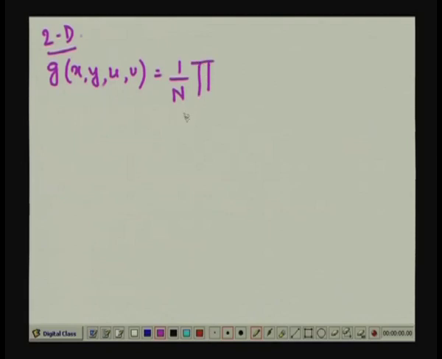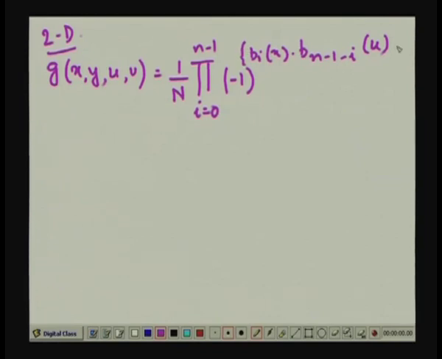Now, in case of two dimensional signal, we will have the transformation kernel as g x y u v, which is equal to 1 upon capital N product I equal to 0 to lowercase n minus 1 of minus 1 to the power b I x into b n minus 1 minus I u plus b I y into b n minus 1 minus I v.